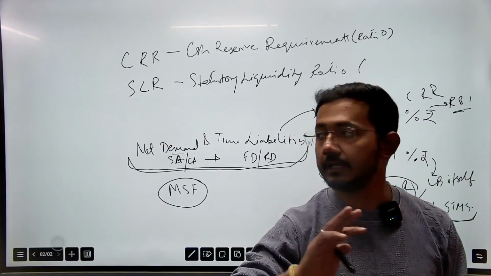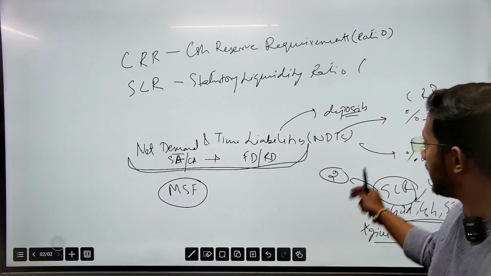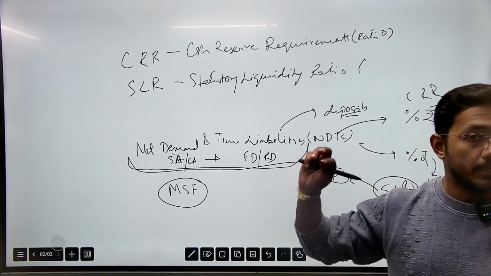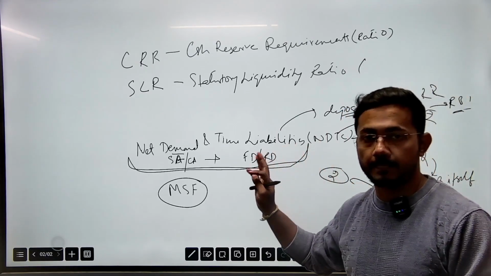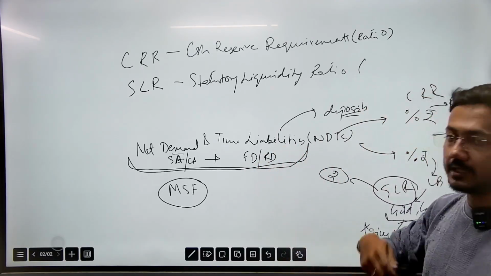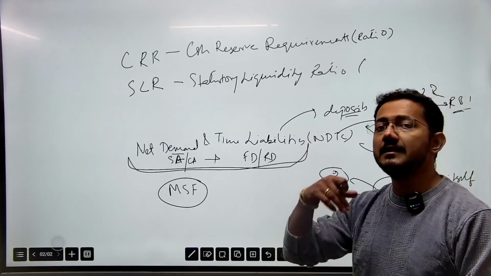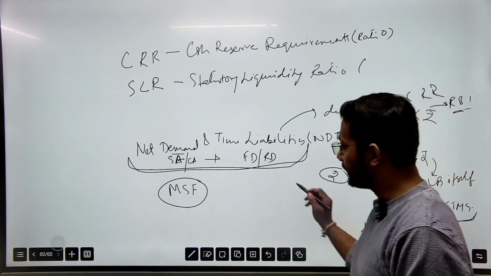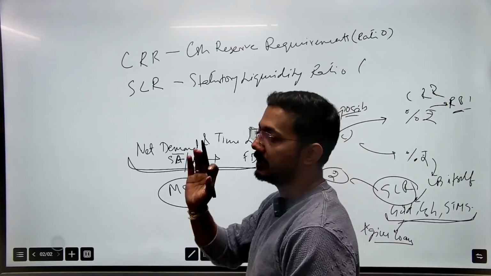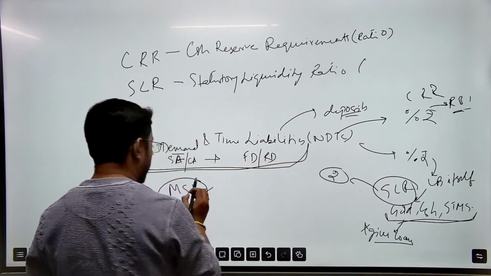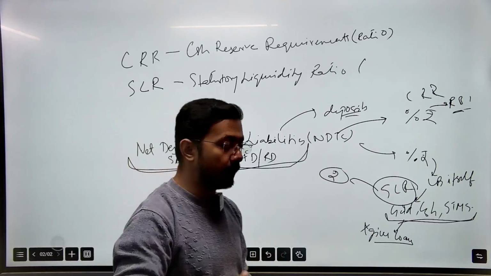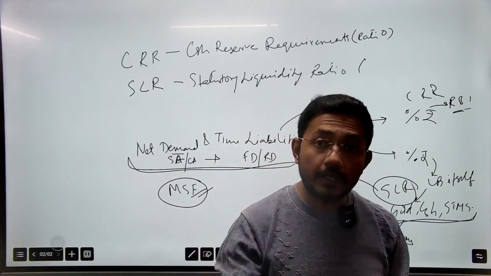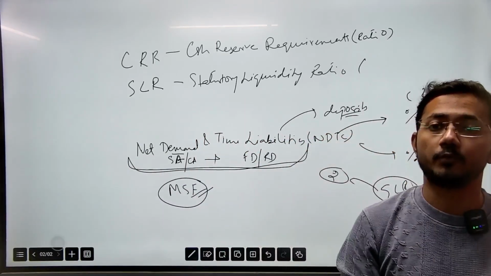Actually, money cannot be withdrawn from there, but the RBI is allowing it, so take money from there, but in future you have to pay an extra penalty charge to the RBI. This facility is known as marginal standing facility. Hence, we say marginal standing facility is a loan over the repo limit by dipping into its SLR portfolio.